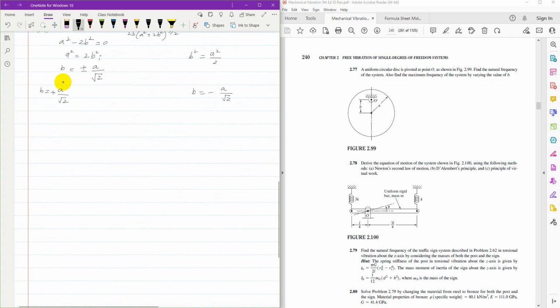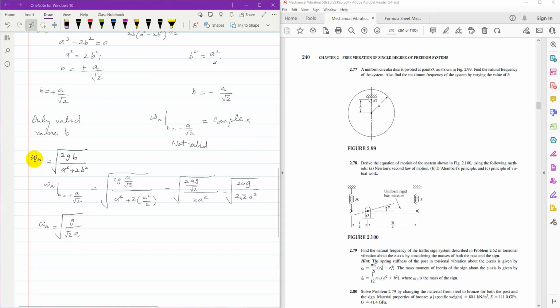So when we get omega n at b equal to minus a over root 2, that will become a complex or imaginary number. So this value of b is not a valid value. So we don't need the second order derivative, and this is the only valid value of b. This value of b will give a real value of omega n.